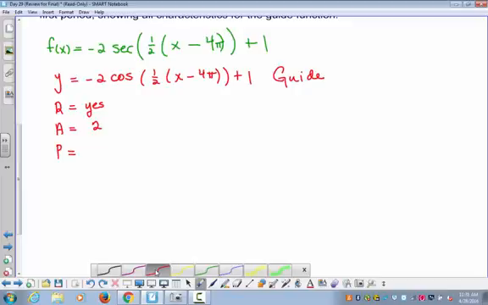Right? And so we take the basic period, which is 2 pi, and divide it by that period adjuster. And that will give us the transformed period, which will be 4 pi. But now that we've done all the algebra and it's a little more fresh, you can sort of remember in your head that, oh yeah, if there's a fractional multiplier on the inside, that's a horizontal stretch. So the period of the transformation should be bigger than the period of the basic.